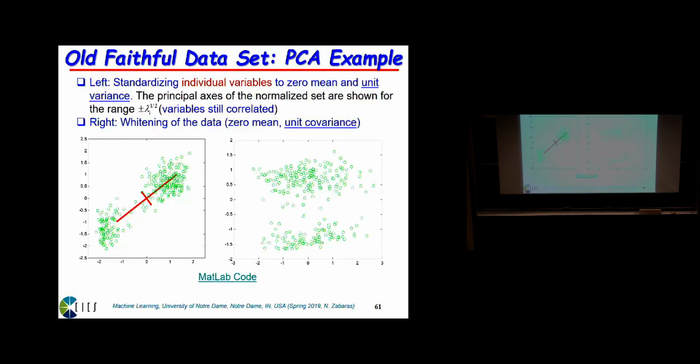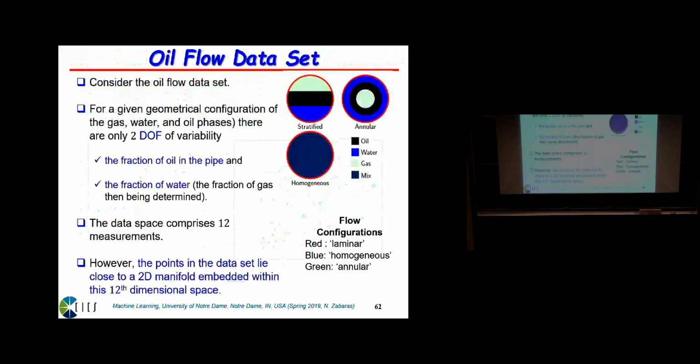So in this case, you see in the picture on the left, the data have been standardized. Basically, each variable has unit variance, but the covariance is not unit. And here, you use whitening of the data, so you get something like that. So when you do PCA here versus PCA there, you get something completely different.